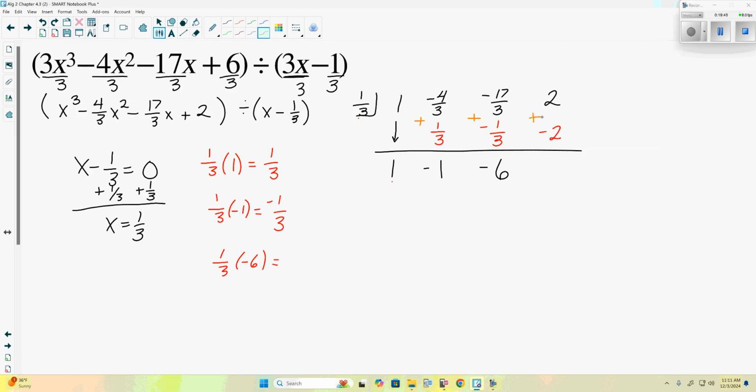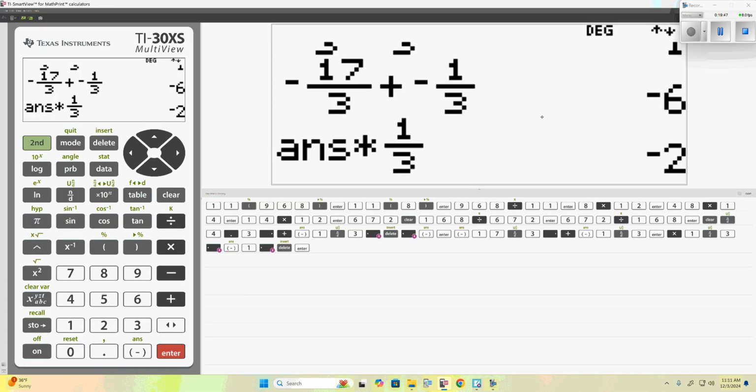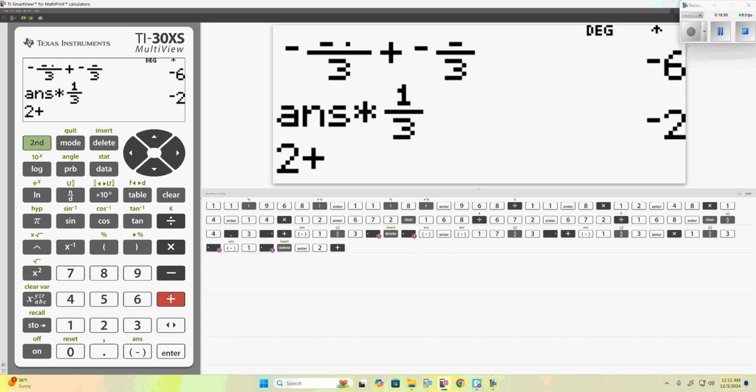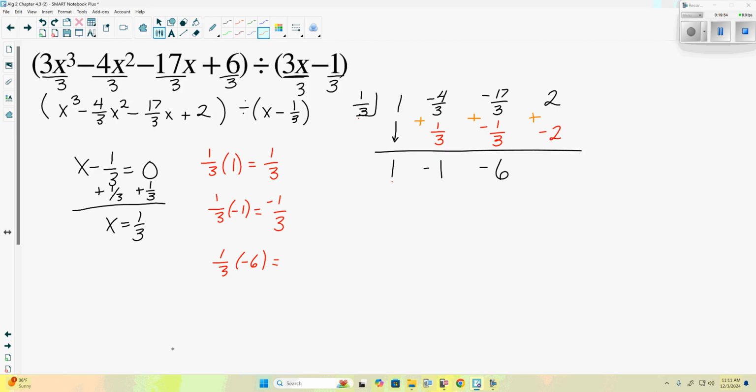Then what would we have to do to the 2? We would need 2 plus negative 2, which is 0. So even though we had fractions this time and fractions in fractions, the calculator, the 30XS, will do all that for us. We don't have to really worry about that there.